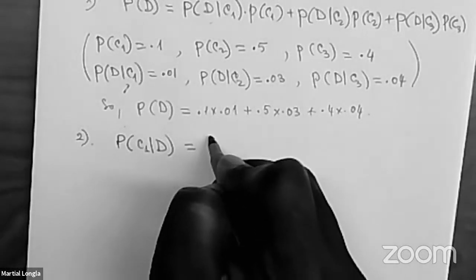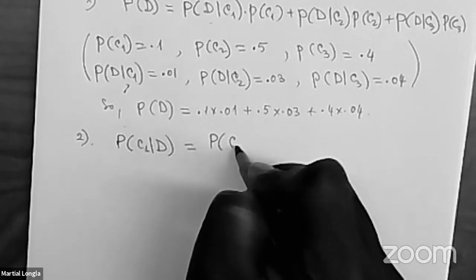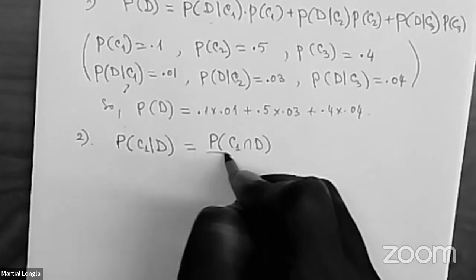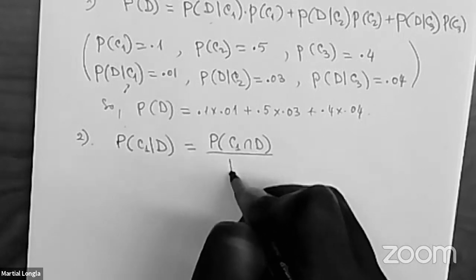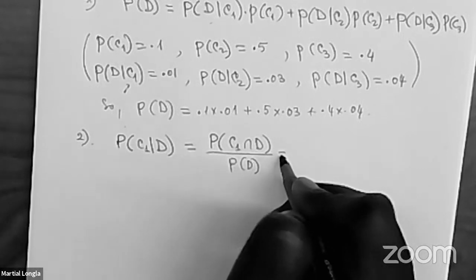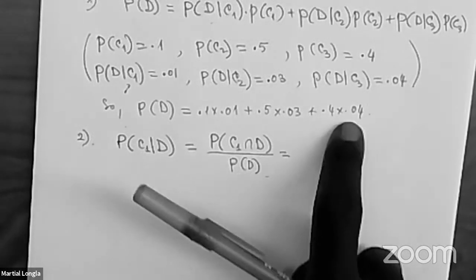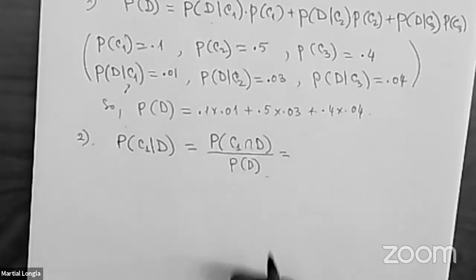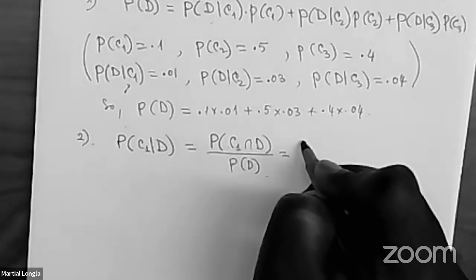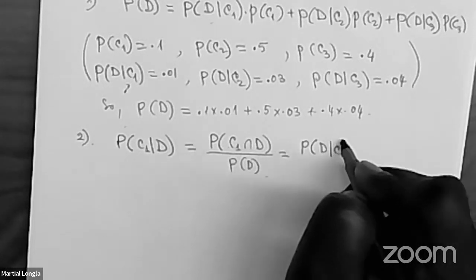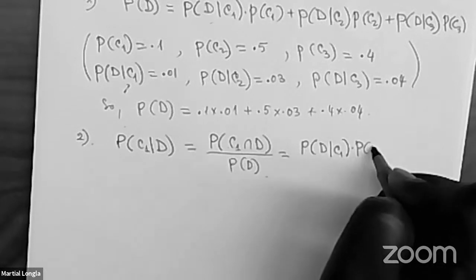Right? So that's the probability of C1 and B over the probability of B. I know this already, so I don't need to plug the probability of B back in again to redo it. But at the top, I know it's the probability of B given C1 times the probability of C1.